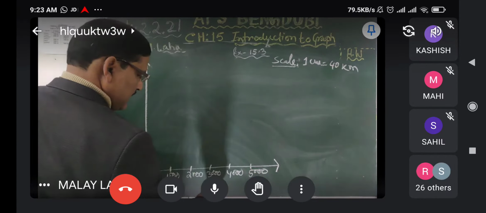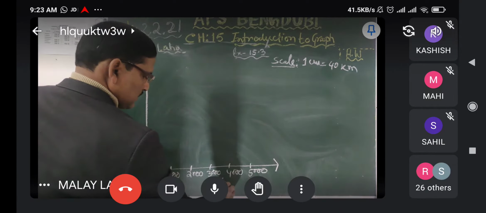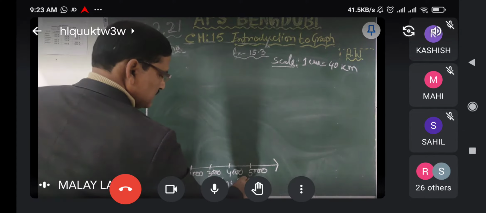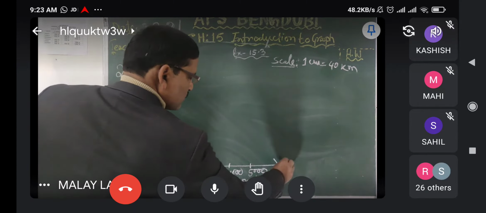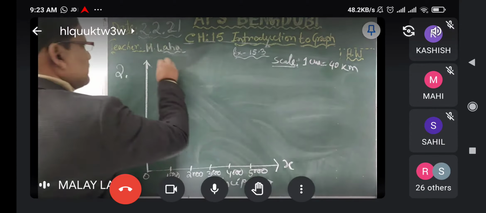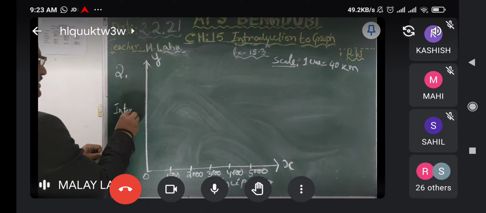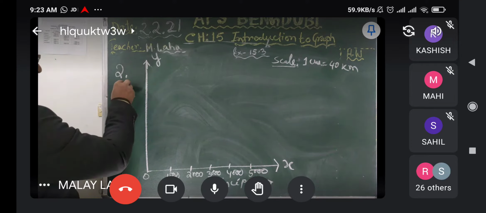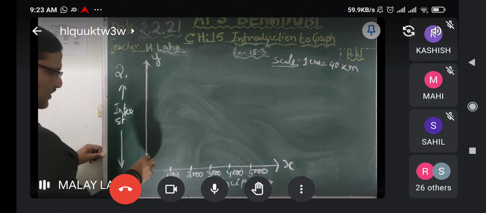So we have principal. This one is for principal. Okay. So x-axis stands for principal, y-axis stands for interest earned.